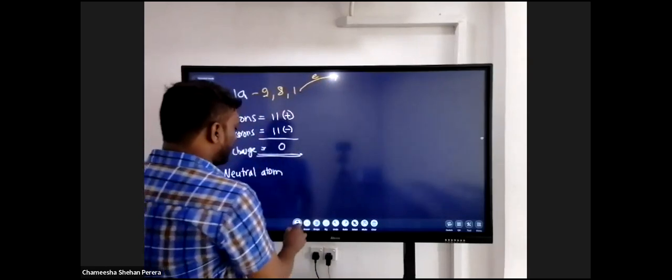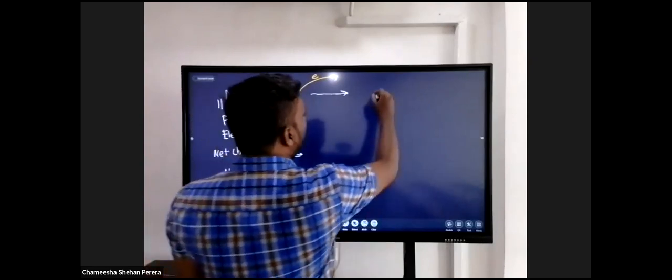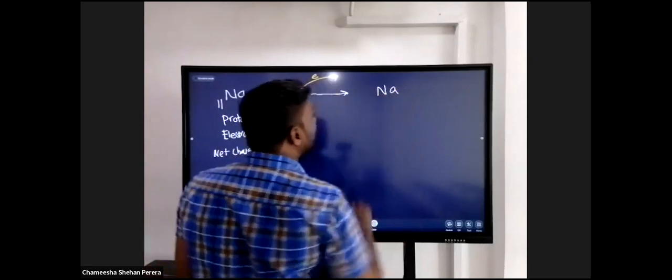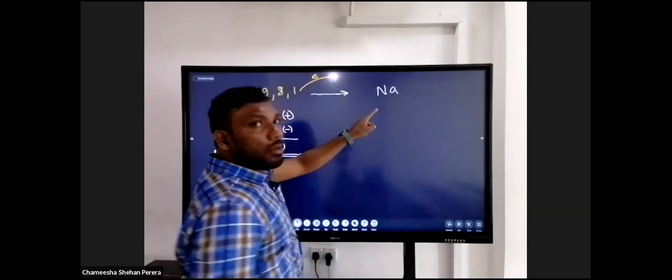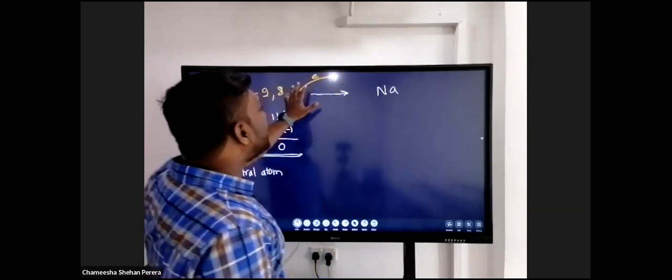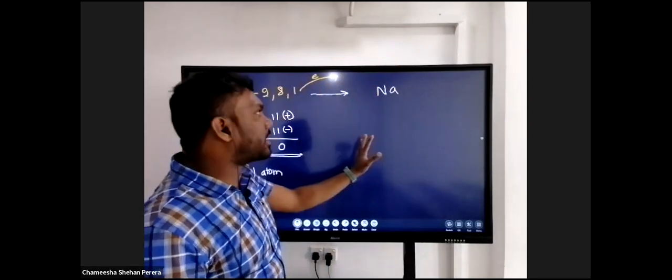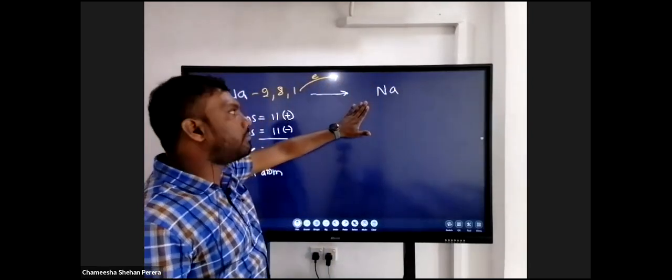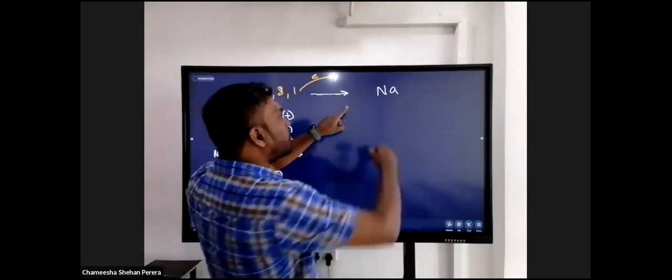If it gives out the electron, nothing will happen to the atomic number. Why? Atomic number means number of protons, but it has given up an electron. So when it gives up an electron, nothing will happen to the proton number. The proton number remains the same, and the atomic number also remains the same.